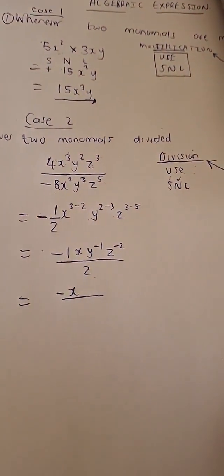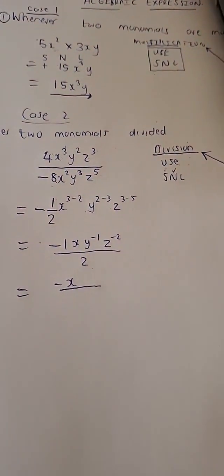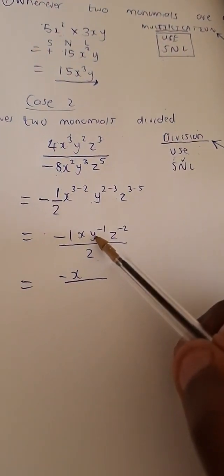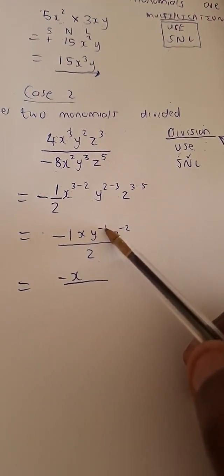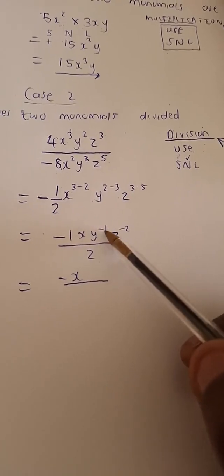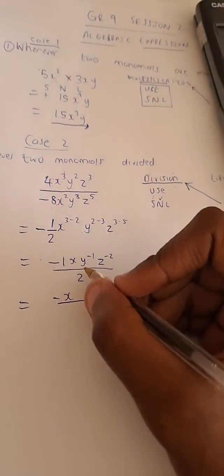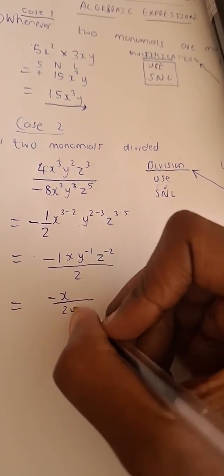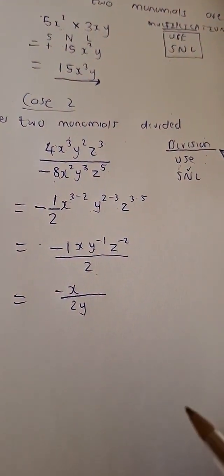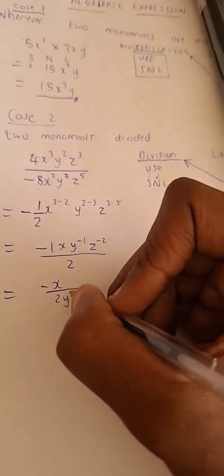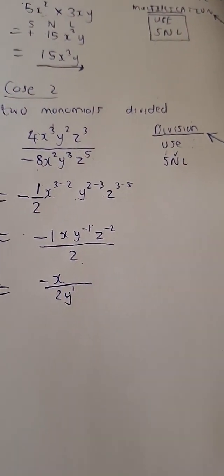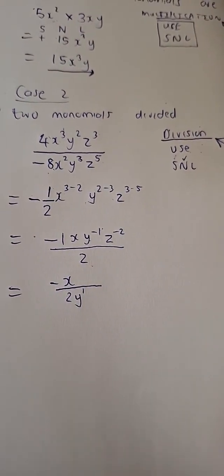So what we know from what we have learned in grade 9 in term 1 when we're doing exponents, whenever a base is raised to a negative exponent and we want to write that base having a positive exponent, the base simply changes position, goes to the denominator, and then the exponent changes sign. Do you see that? Because our answer needs to be written in positive exponents.